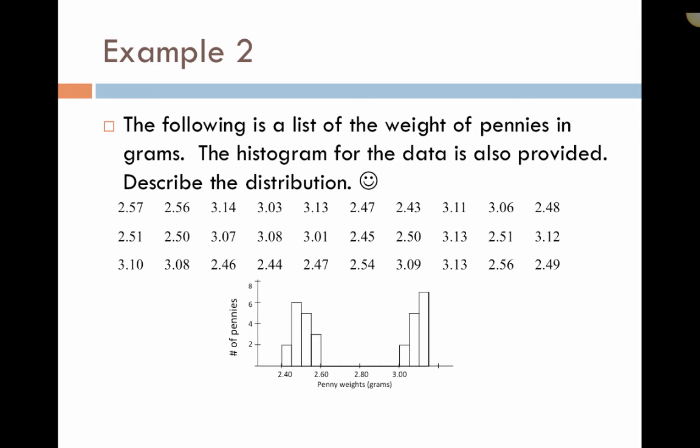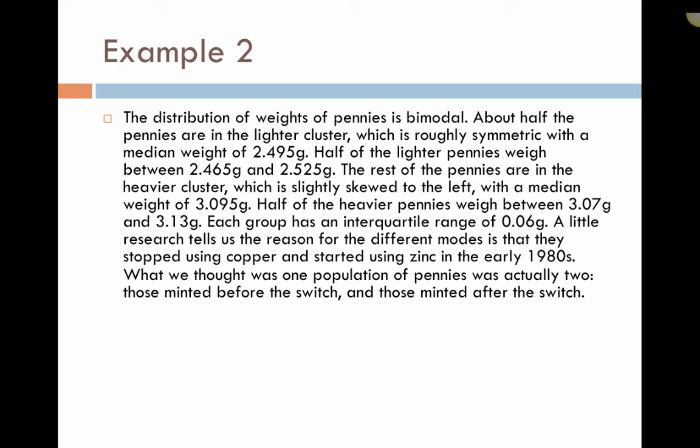So this written out would look like: the distribution of weights of pennies is bimodal. About half the pennies are in the lighter cluster, which is roughly symmetric with a median weight of 2.495 grams. Half of the lighter pennies weigh between 2.465 and 2.525 grams.